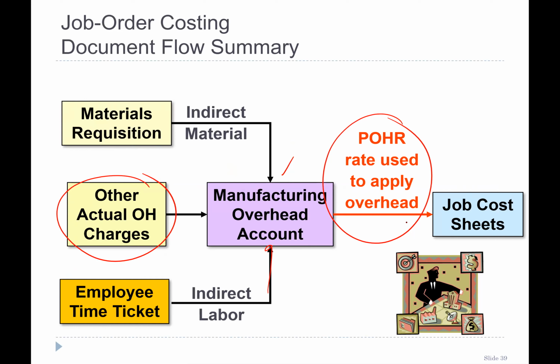But remember, the figure that we are going to use here is based on the predetermined overhead rate, and you create a job cost sheet. Once the job is done, then we compare our actual manufacturing overhead with our estimated.